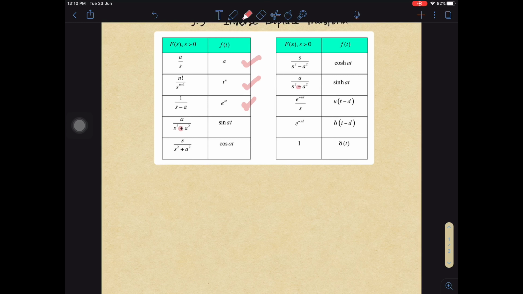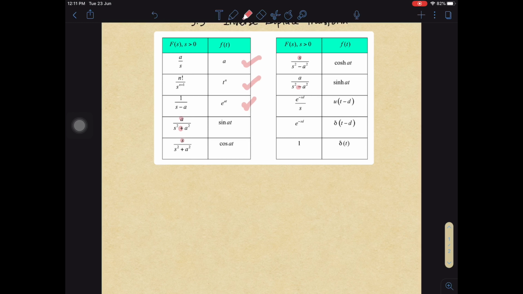And what is the difference between sine and cos is just the numerator. Okay, so if you have the numerator equal to a constant, therefore it will be related to the sine at or sine hyperbolic at. But if you have the numerator in terms of variable s, therefore it's related to the function cos at and also cos hyperbolic at.